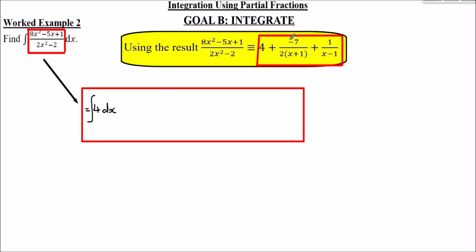This here, because we've got an x plus 1 at the bottom, I'm going to just rewrite this as minus 7 over 2, then the integral of just 1 lot of x plus 1 in brackets like so. So inside the integral like so, dx. And then finally this one here, just 1 lot of 1 over x minus 1 dx.